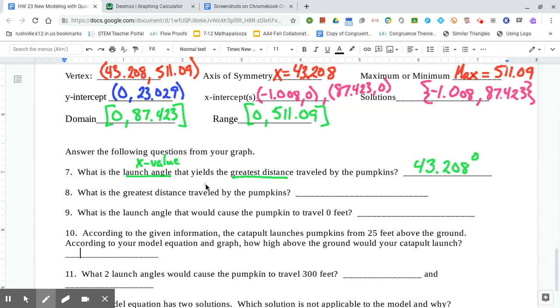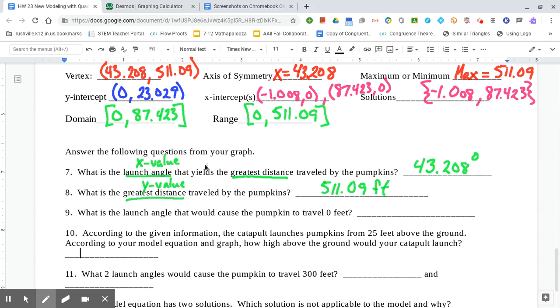And if you read the next question, it directly ties to it. What is the greatest distance? Realizing that this is a y value. What's the greatest distance traveled by these pumpkins? That again is your vertex. The vertex had the maximum value, so 511.09 feet.